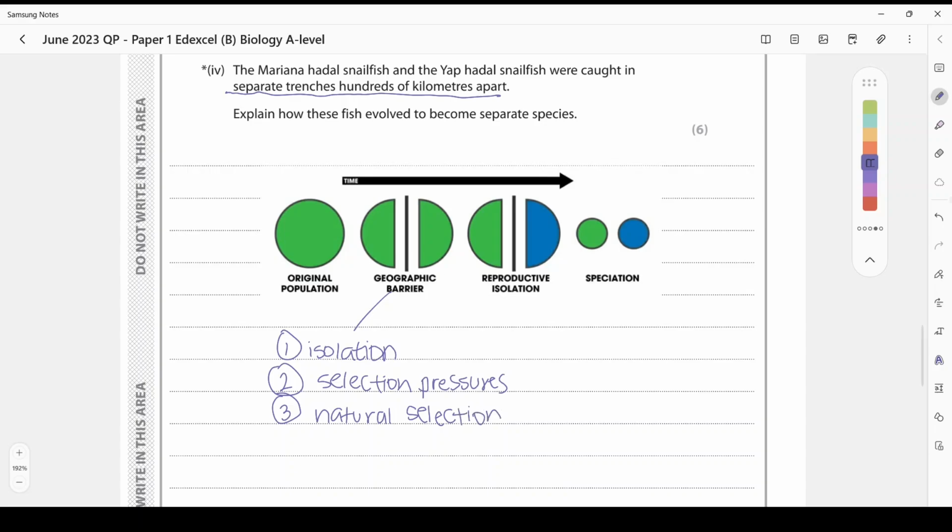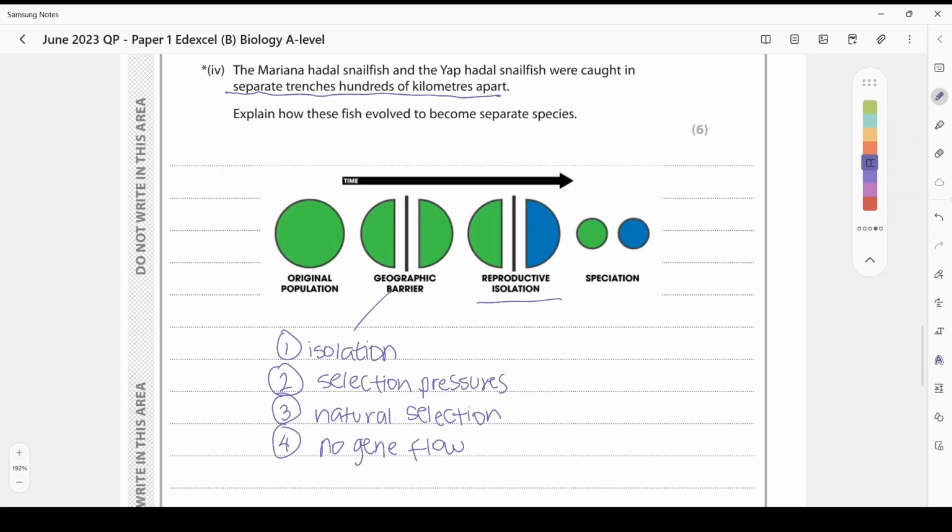And that overall increases their allele frequency. And again, because of this geographical barrier, there is no gene flow occurring between these populations. And eventually, all of these differences accumulate until they become reproductively isolated, which means that they are no longer able to interbreed to produce fertile offspring. And that would show that now they're two different species.